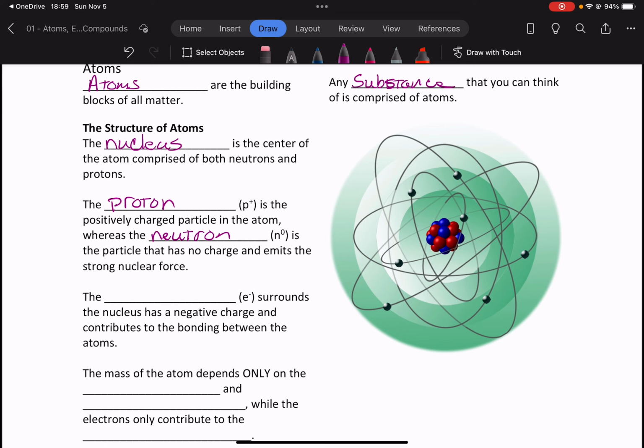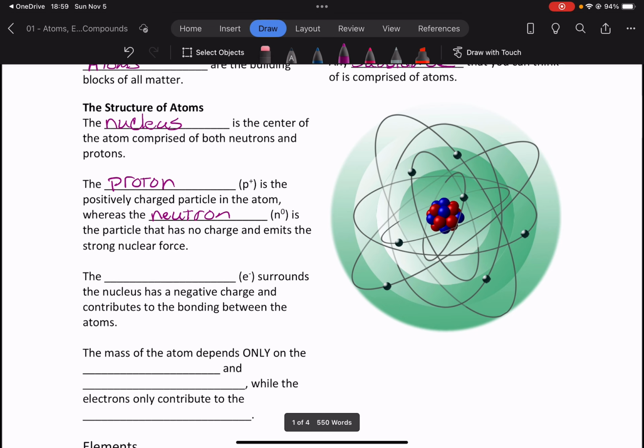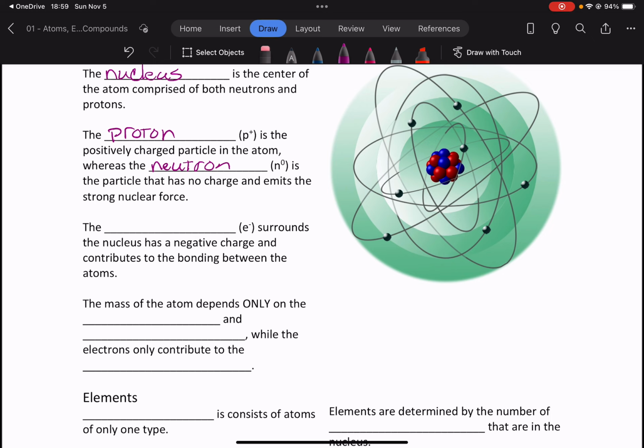Later. Surrounding the atom, in the orbits around there, is the electron. That's a negatively charged particle, and that's what is used in the bond. That's what moves from atom to atom.